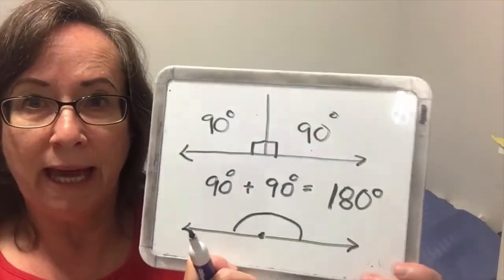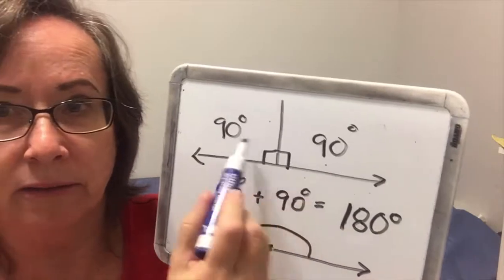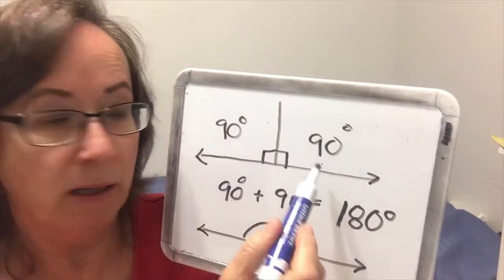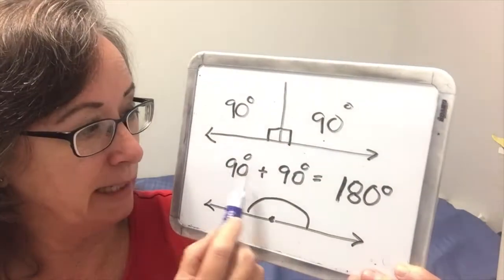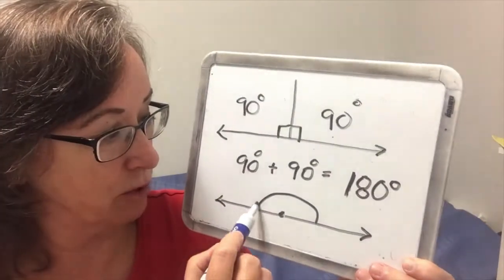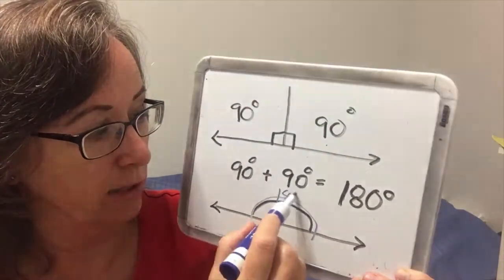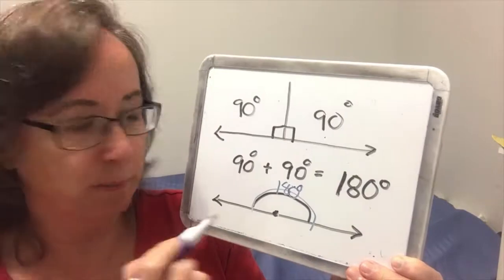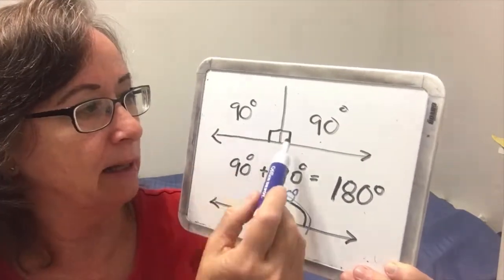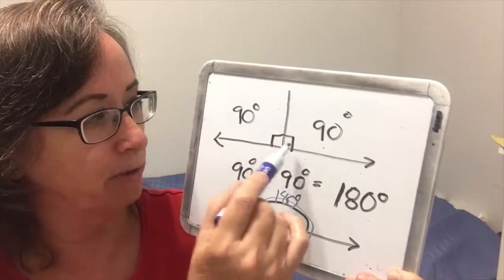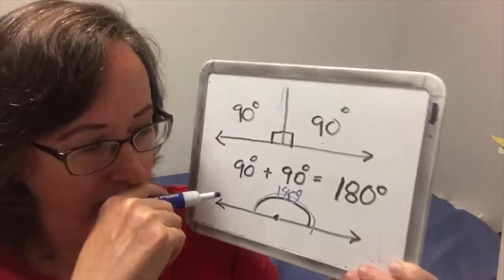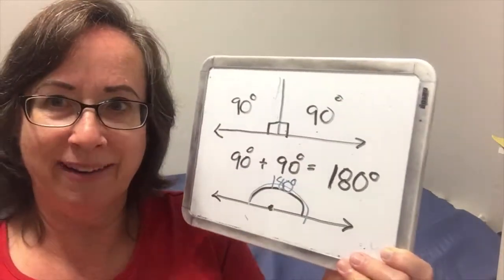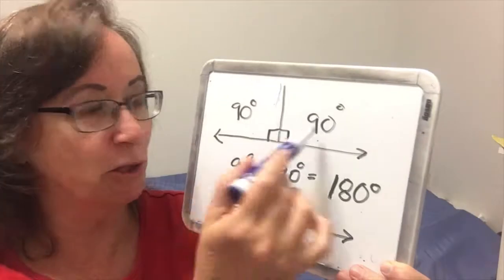And in this next picture, we have two right angles, and if we put them side to side like that, they would equal one straight angle. So 90 plus 90 is 180, and a straight angle is 180 degrees opening between the two rays, and a right angle is 90. So if we put two 90s right together, touching like that, then we would get a straight angle. So two rights make a straight.